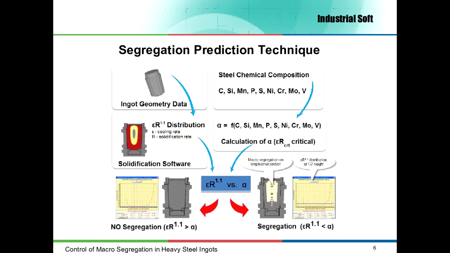So, we have two situations. In the first case, if the solidification rate is bigger than the critical value alpha, as seen in the bottom left side example, we do not have segregation. In the second one, if the solidification rate is lower than the critical value alpha, we will have A segregation, and its intensity depends on the difference between solidification rate and critical value alpha.